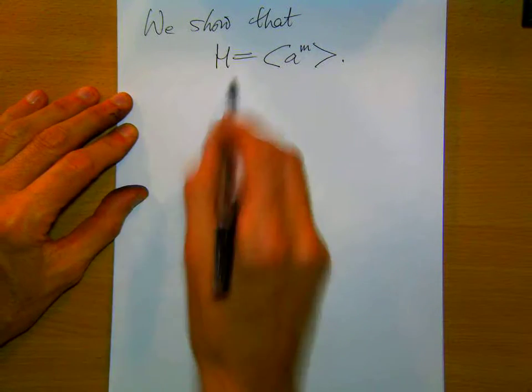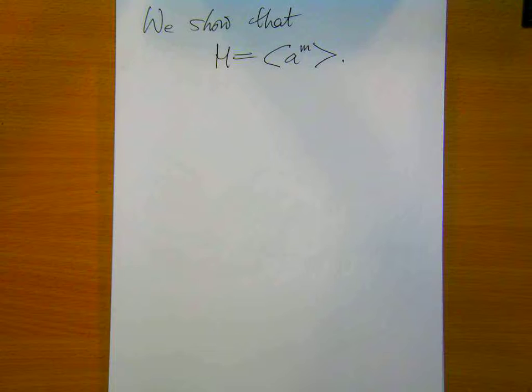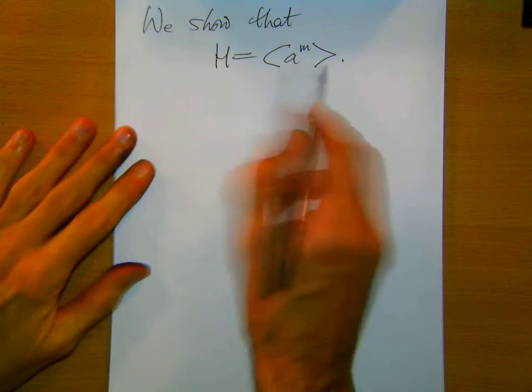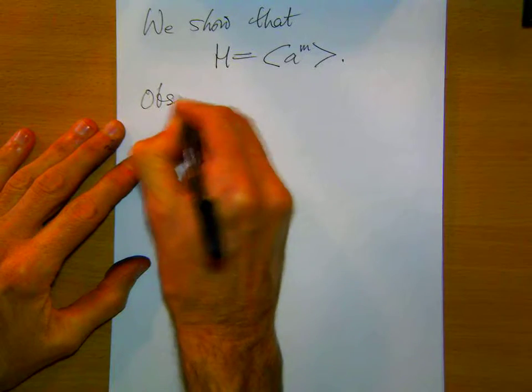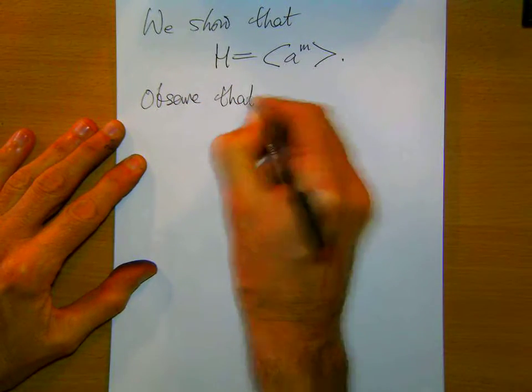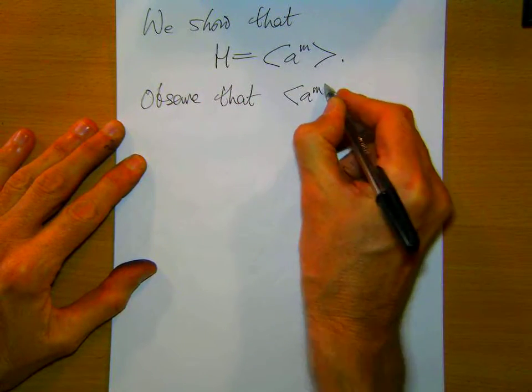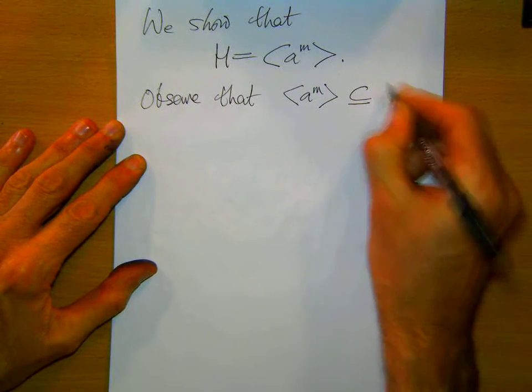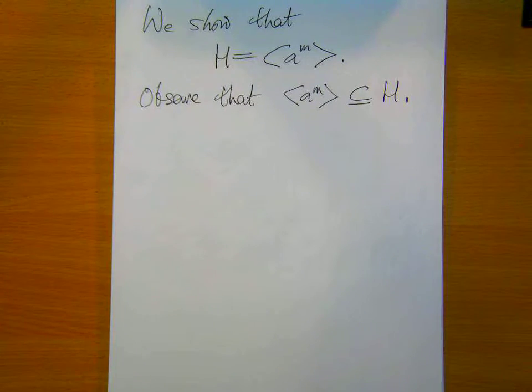Well, I'm showing that two sets are equal now, and the way I'm going to do that is the usual way, in fact, for showing that each is a subset of the other. Well, the right-hand one is certainly a subset of H, because remember, a to the m is in H, so all powers of a to the m are in H, because H is a subgroup.